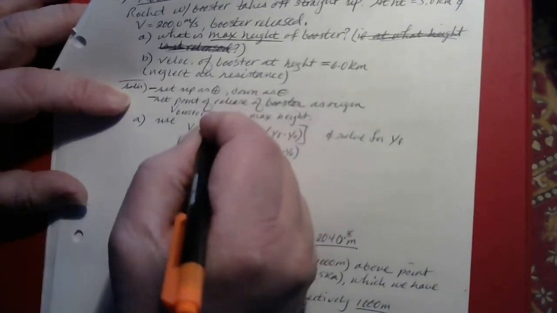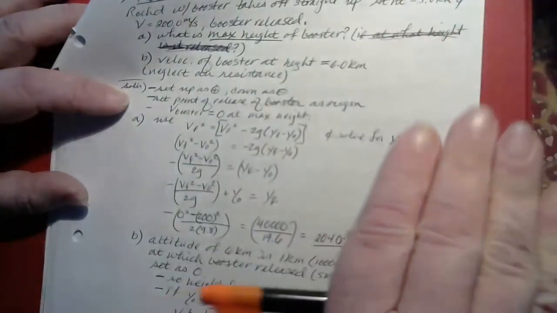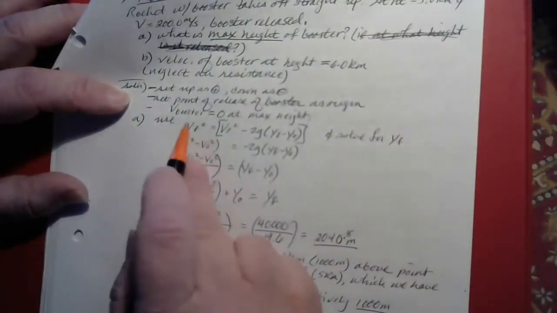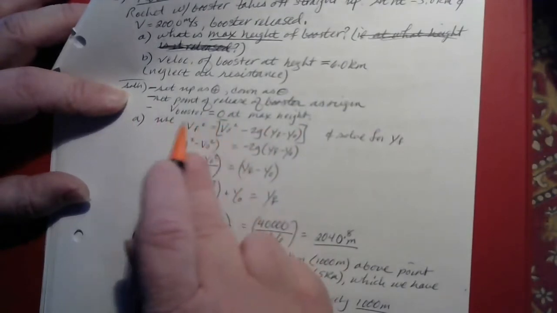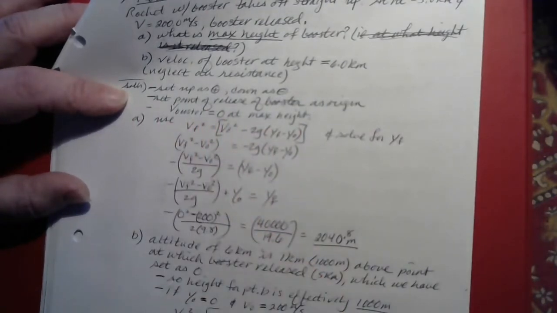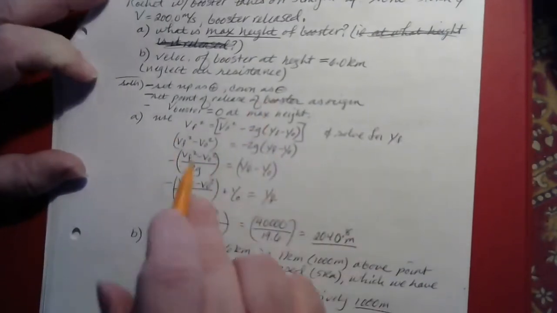And since this is a case where the booster is rising and then it stops and then it falls, the maximum height of the booster is going to correspond with 0 velocity. So for part A, what is the maximum height?